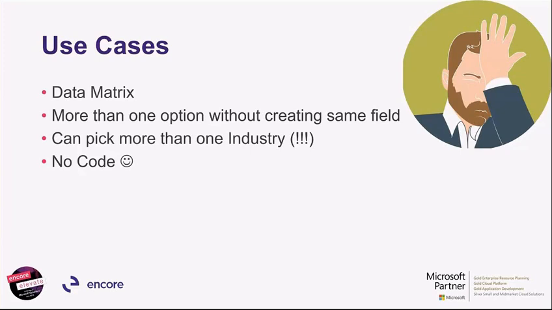As a company that specializes in multiple products, as with our clients, we don't want to be specialized in just one aspect. We want to make sure that we can handle a lot of different industries, right? And with Dynamics 365, you have that functionality with the multi-select option sets.